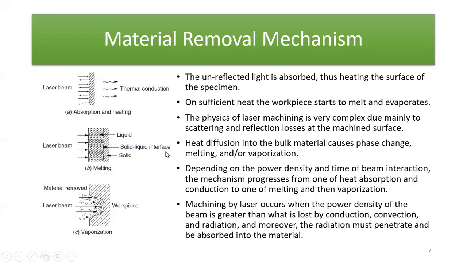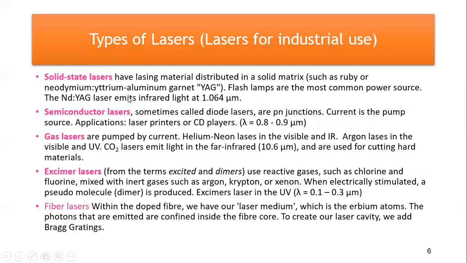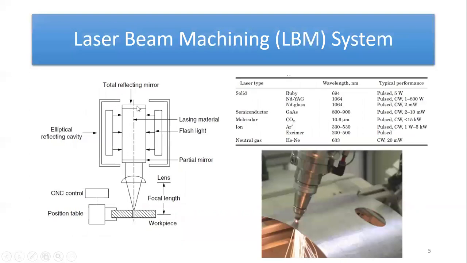So the material removal mechanism is basically this. The unreflected light is absorbed, thus hitting the surface of the specimen. So you have a reflecting mirror and a partial mirror, right?